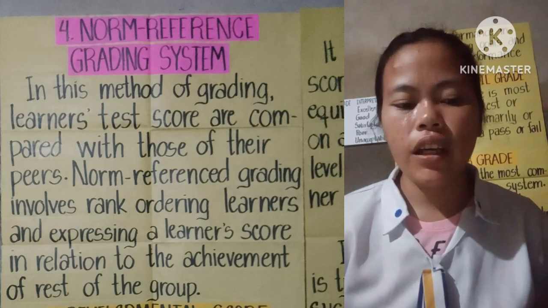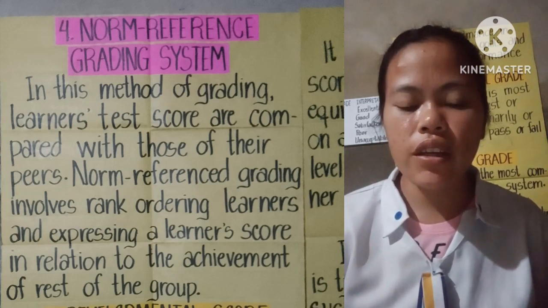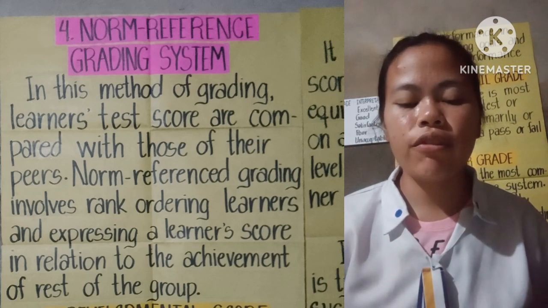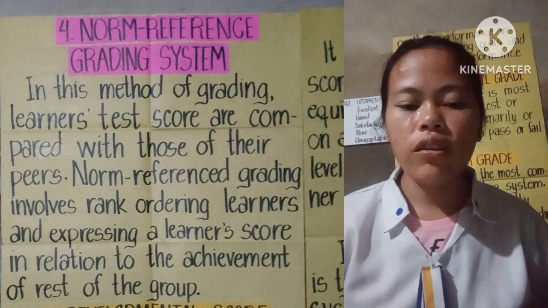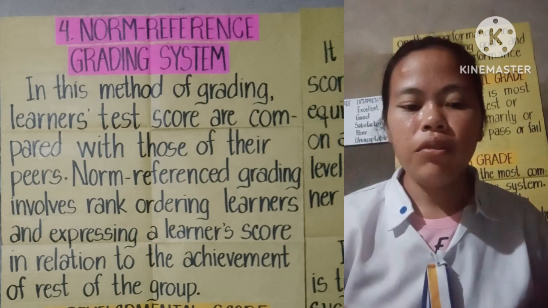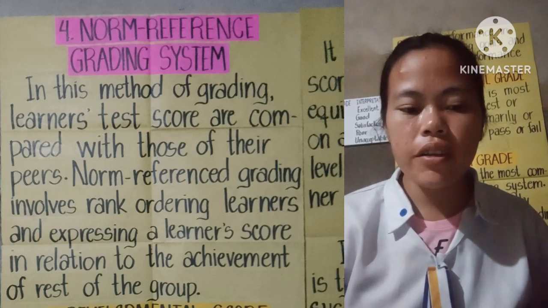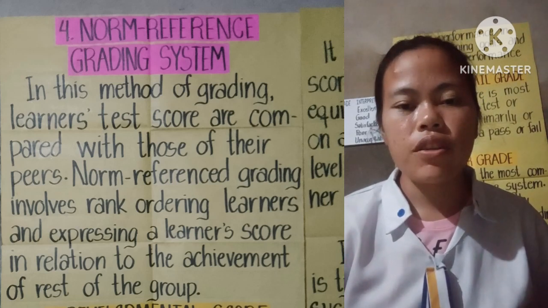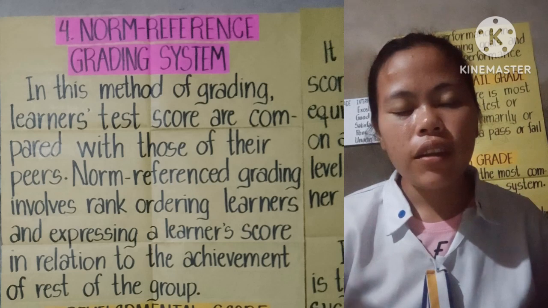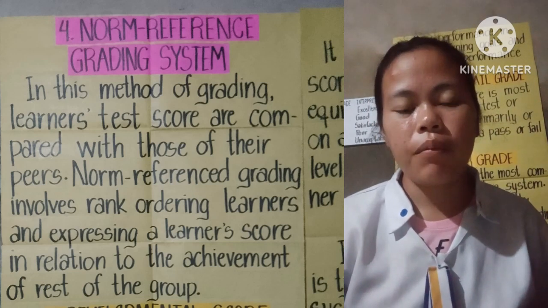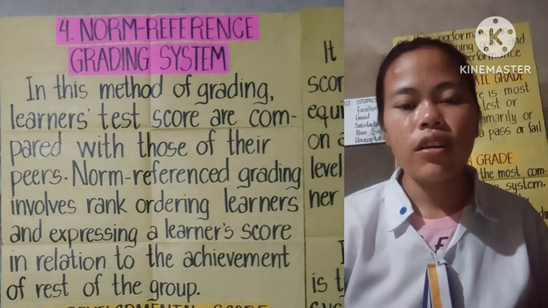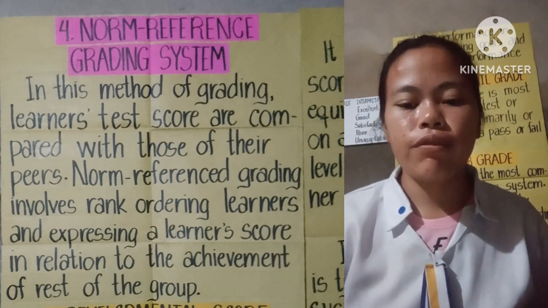Norm reference grading involves rank ordering learners and expressing a learner's score in relation to the achievement of the rest of the group. So take note that in norm reference grading system, learners' test scores are compared with those of their peers. Unlike in criterion reference grading system, the learner's performance is independent of the other students' performance.